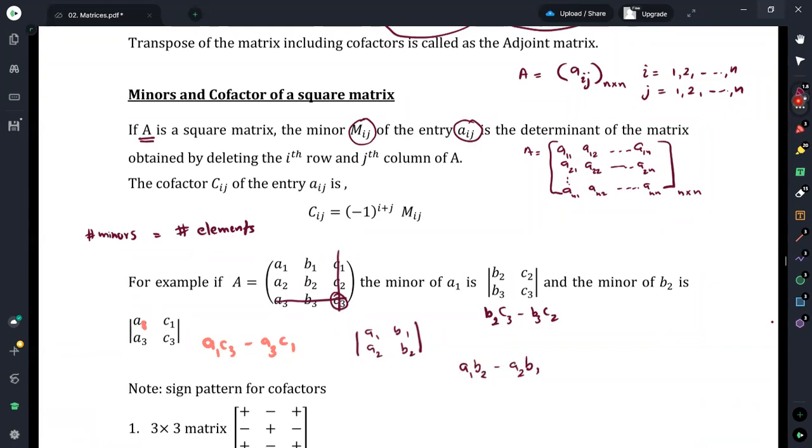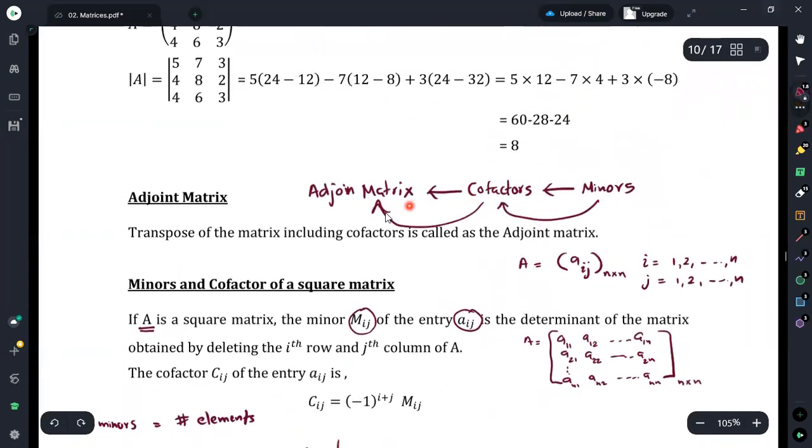Therefore, here we can see that there are altogether 9 elements. Since we have 9 elements, there should be 9 minors for this matrix. Once you obtain the minors, then to obtain the adjoint matrix, we need to obtain the cofactors. Using the minors, we are able to obtain the cofactors.